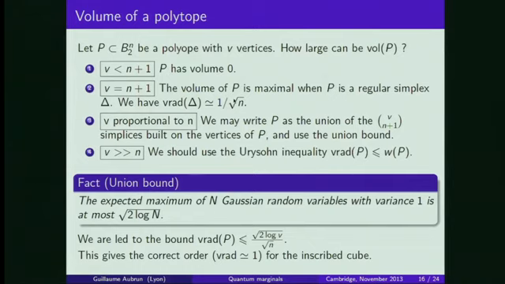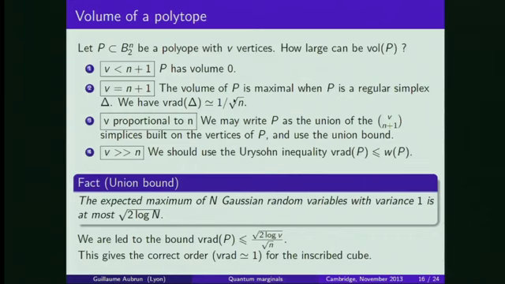Now, if V is much larger than n, then this will be really bad. In that case, you should use the Urysohn inequality and actually bound the volume radius by the mean width. And for the mean width, the union bound argument will lead to something which is sharp. So I just quoted a very basic fact from probability.